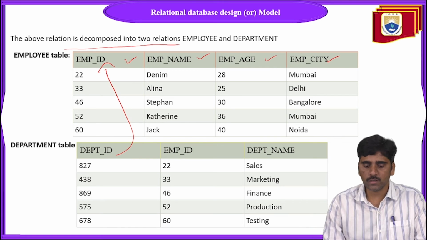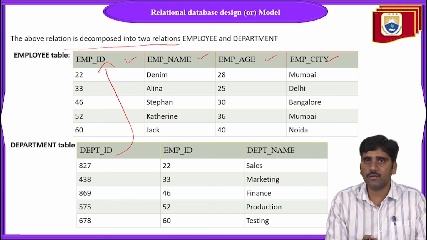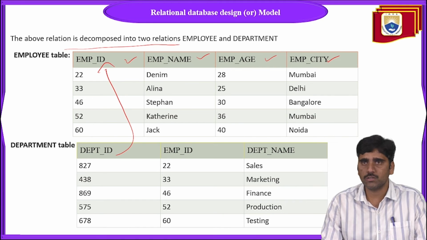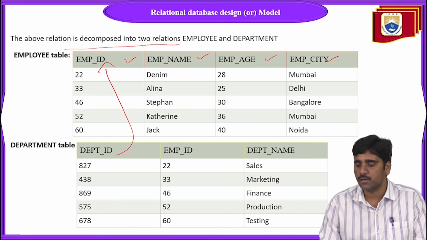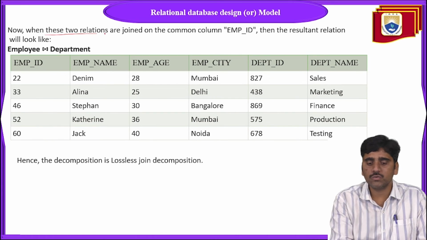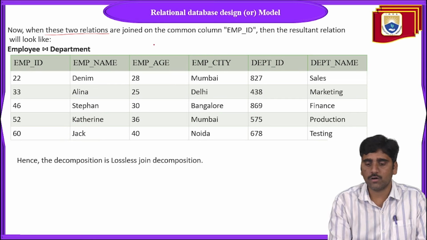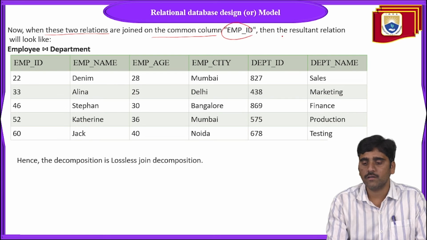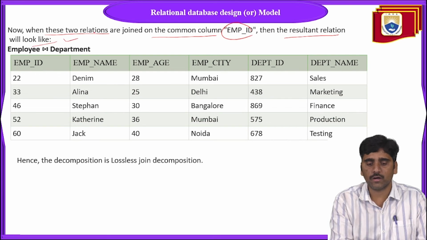So we have done the decomposition of the table into two relations, employee and department. Now when these two relations are joined on the common column employee ID, the resultant relation will look like this.